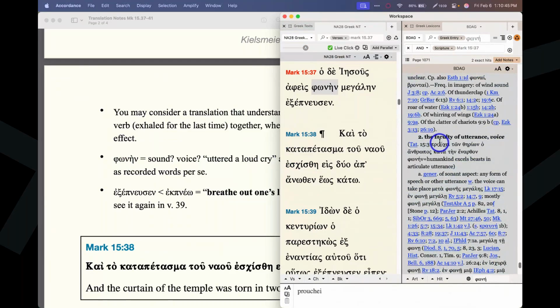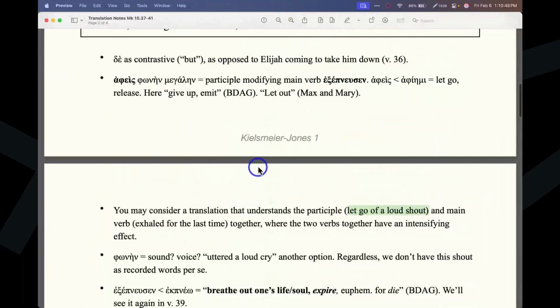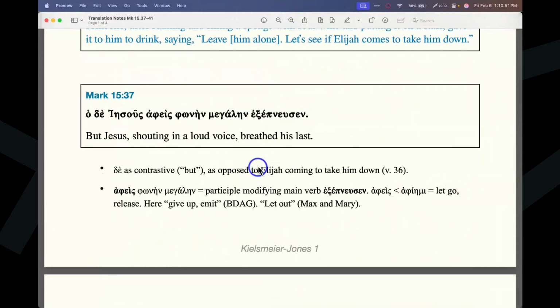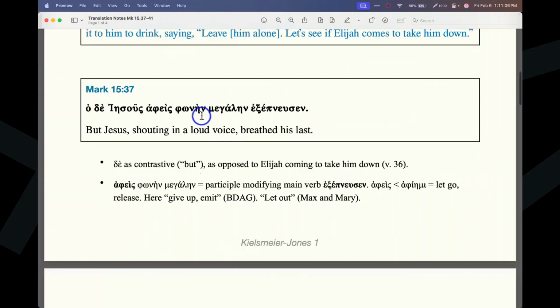It can also mean noise. Does it matter immensely for translation whether this is Jesus letting out a loud voice or a loud sound? I don't think it does, because what else would he be letting out sound wise, as he breathes his last, other than his voice? So that, I think, is not super consequential for translation.